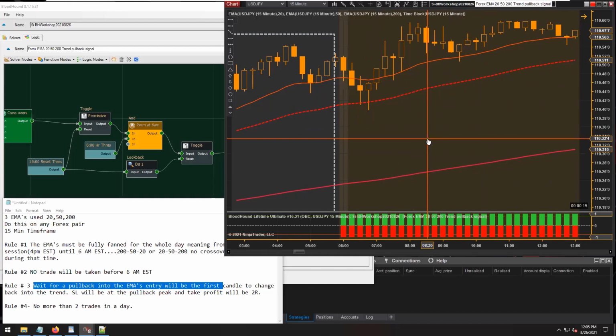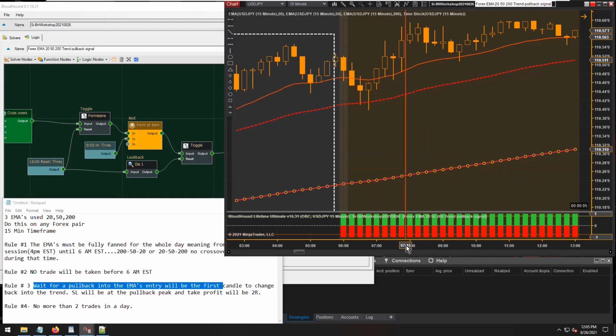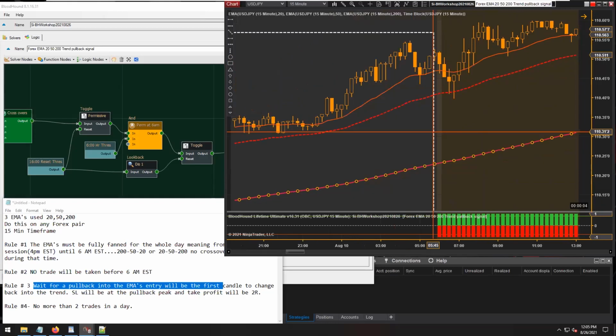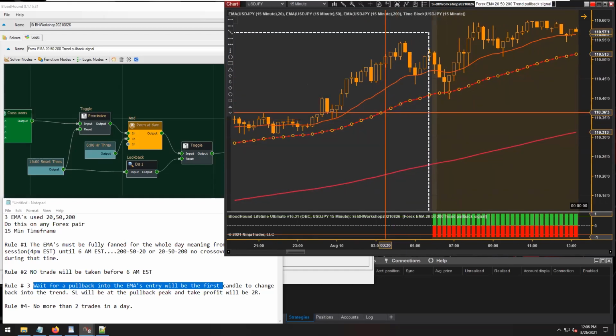We could make this more complicated by identifying whether the 20 is above the 50 and the 50 above the 200. However, if the 20 is above the 50 above the 200, chances are that the 50 is going to be sloping upward. I'm not sure that in every situation the 50 EMA is always going to be sloping upward.